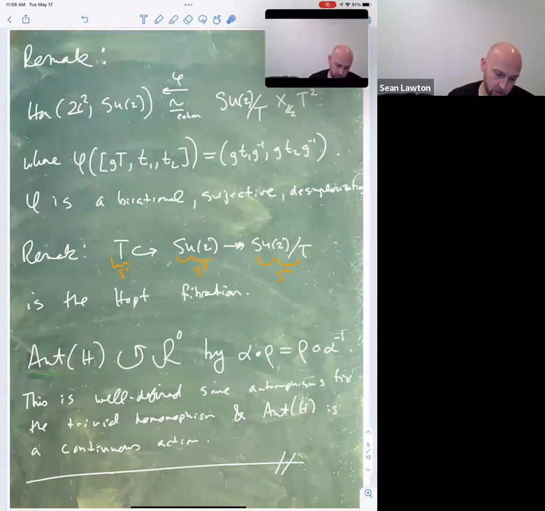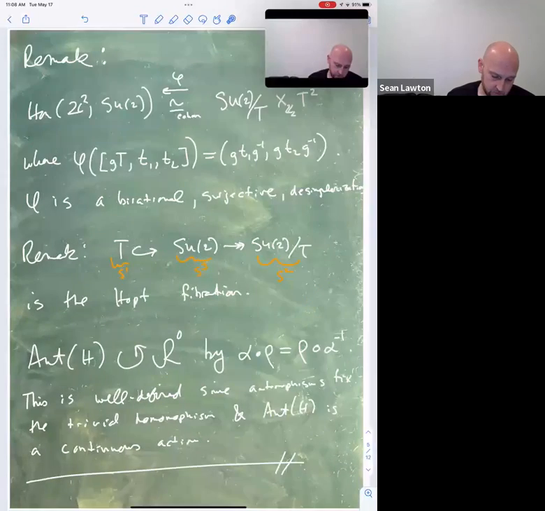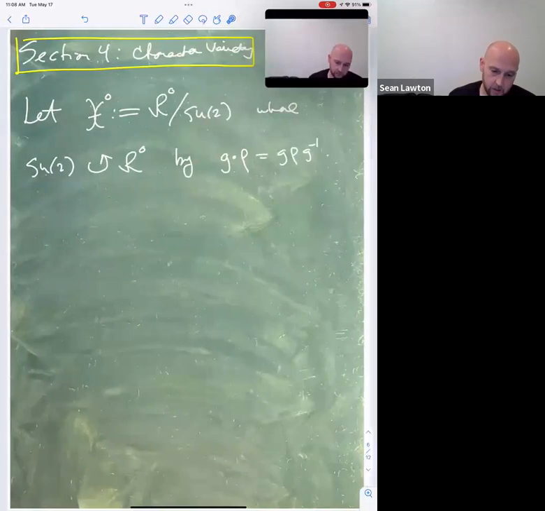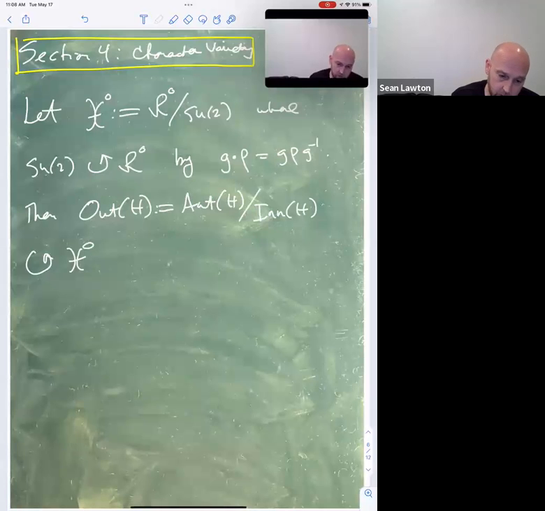Okay. And so now, from the previous statement, we have a natural action of the automorphisms of H. We know what the outer automorphisms of H are. The outer automorphisms are the quotient of the automorphisms by the inner ones, which are conjugation. We're quotienting the space by conjugation. And so then Out H, I already used the notation, but let me say what it is explicitly here, acts on the character variety.